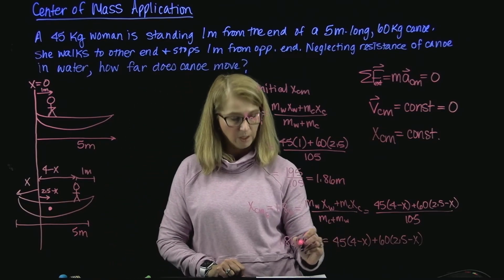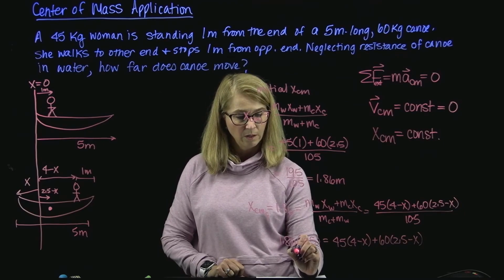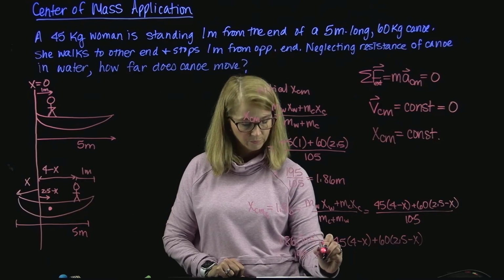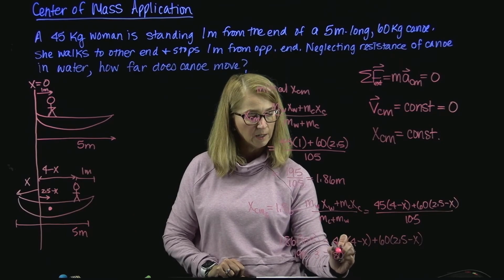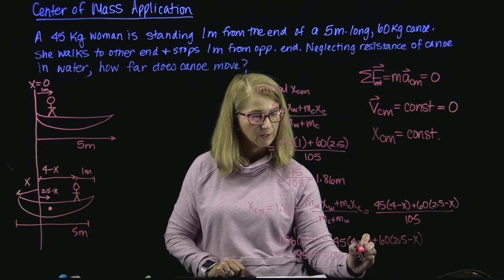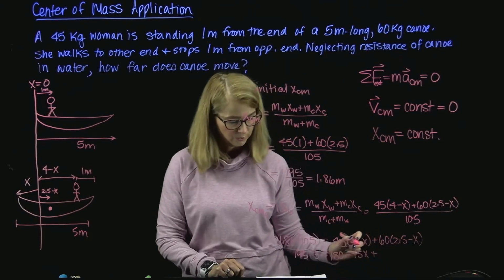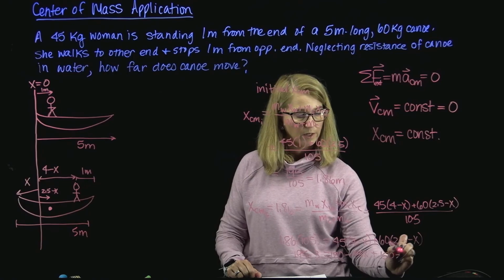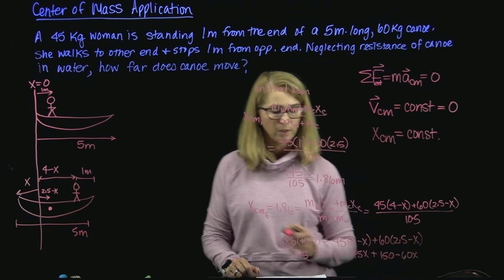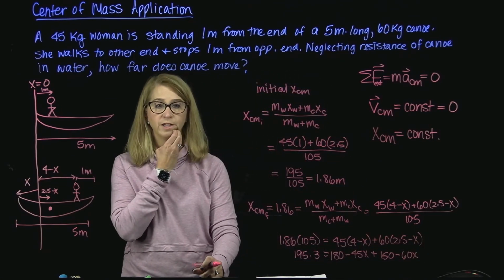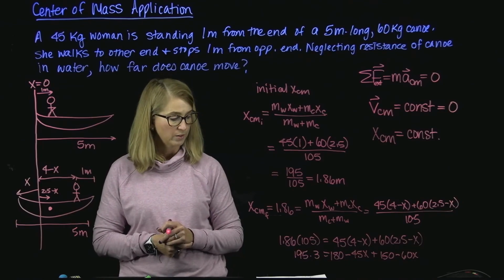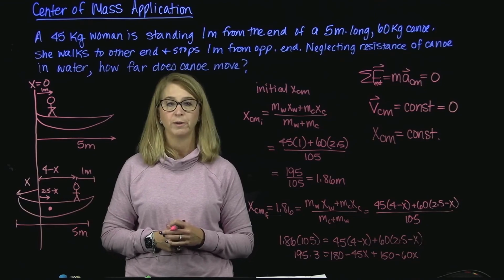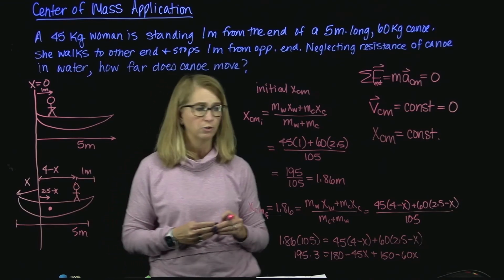This is going to give me 195.3 equal to 180 minus 45x plus 150 minus 60x. And so then we can solve this for x. I'm going to skip some of the steps because I'm running out of room, and I think it's relatively simple algebra.